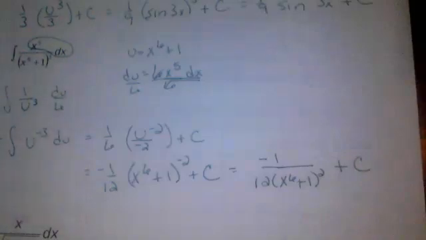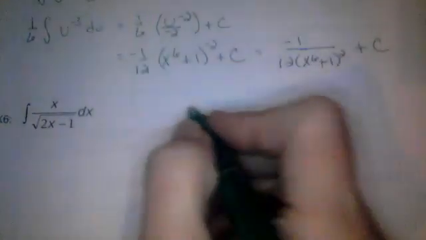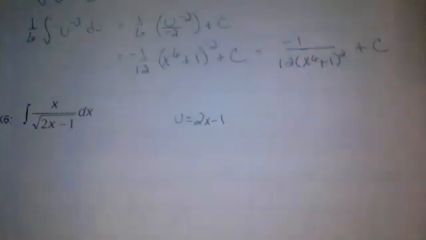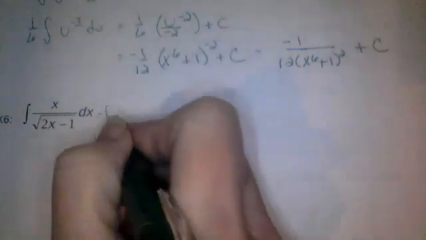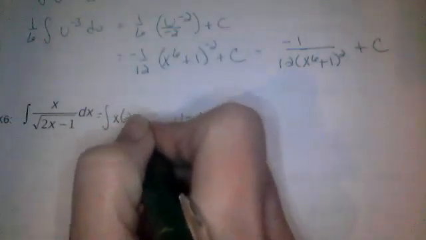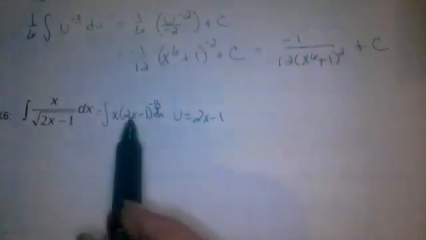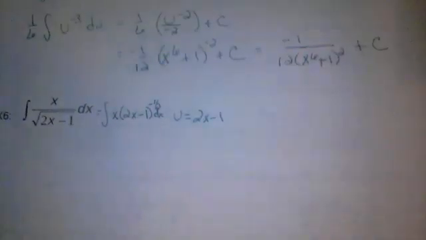All right, we have one more example. So this one, we can probably tell that our inside function is going to be the 2x minus 1. I'm going to rewrite this real quick as the integral of x times 2x minus 1 to the negative 1/2 power. But still, my inside function is that 2x minus 1.